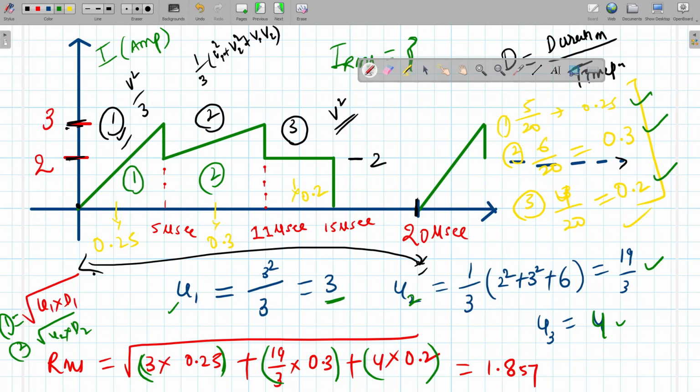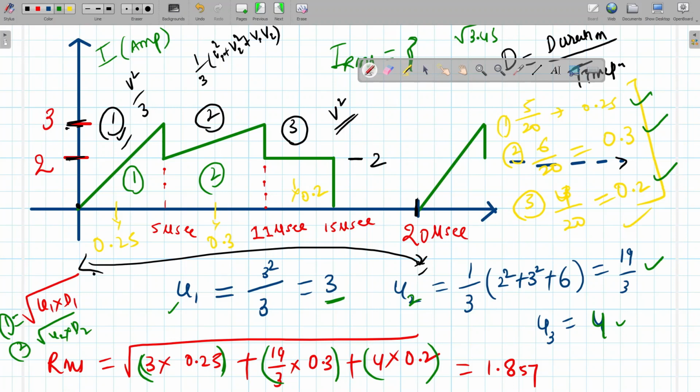I am getting 3.45. Are you getting that? So under root 3.45, how much will it be? Everyone is getting 1.857. It's fine, you can check with the calculator.